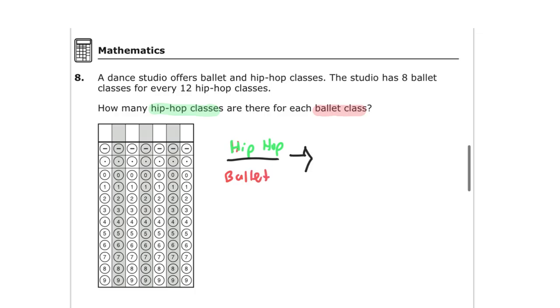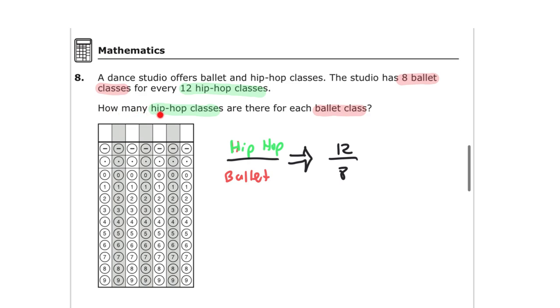And we know that there are 12 hip hop classes that correspond with 8 ballet classes, right? So that is going to be 12 hip hop classes for every 8 ballet classes.